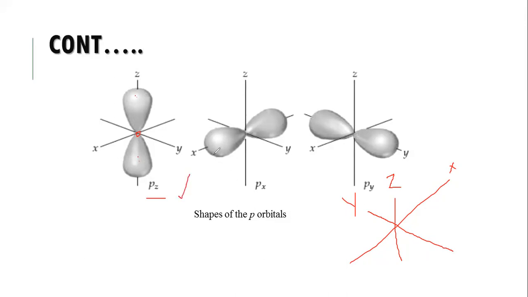If it lies along the x axis, we call it the px orbital. Finally, if it lies along the y axis, we call it the py orbital. This is the variation: the shape and size are the same, but they differ according to orientation. This is what we call the p orbitals.